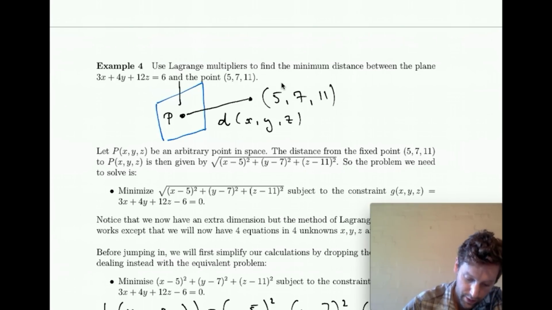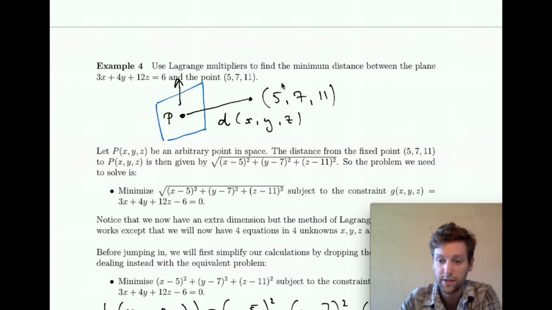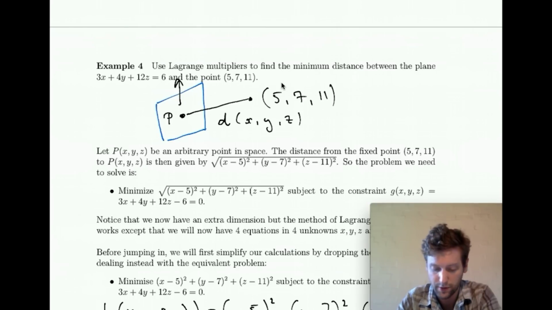So I could move this point as far away as I want to get as large a distance as I want, but there's only one point that's the minimum distance away from the point 5, 7, 11. So once more with these problems, it involves a little bit of algebra and a little bit of geometrical thinking to figure out what exactly we're calculating.